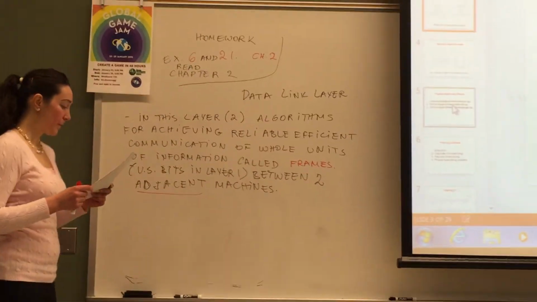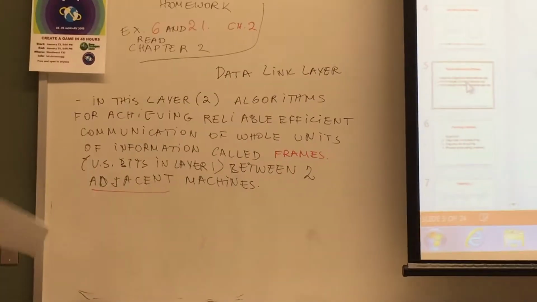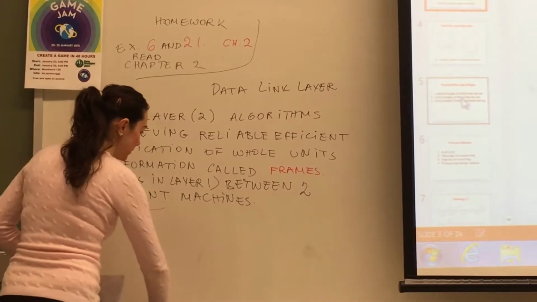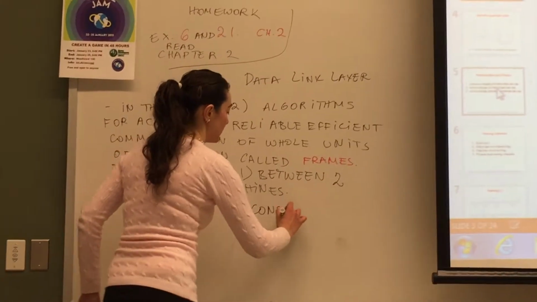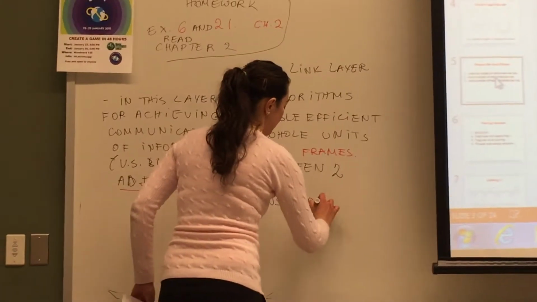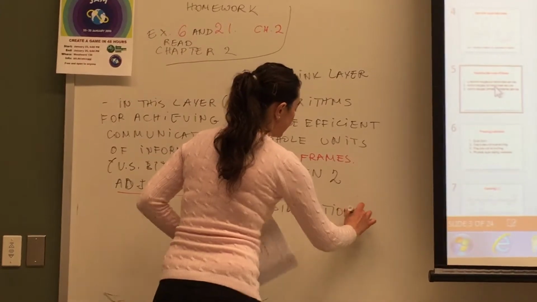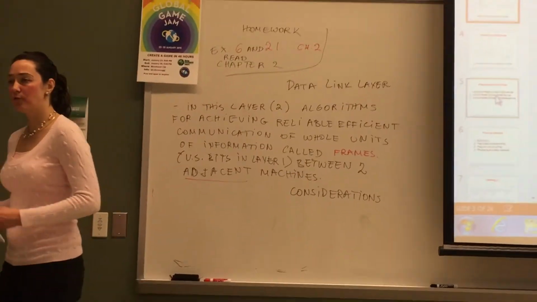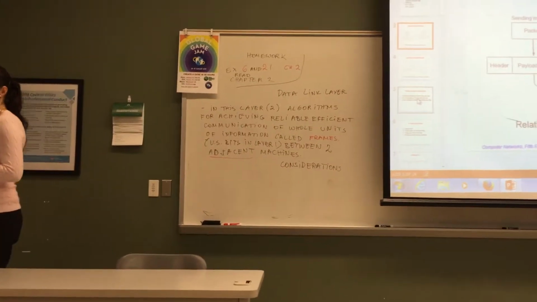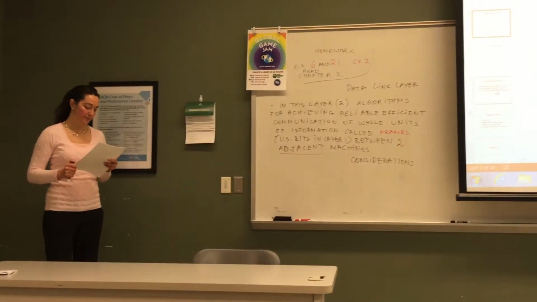Things that we need to consider for this layer is that on the communication channels we have errors. So communication channels are not perfect. There is noise and interference on the channel, whether it's a wire or it's through the air.